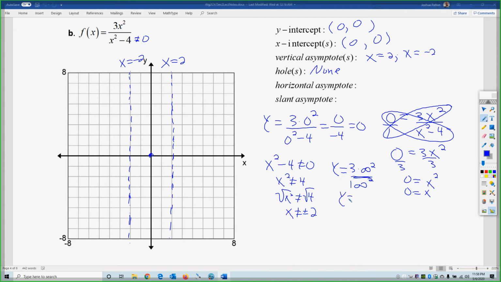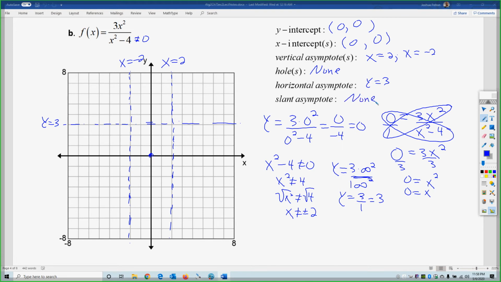The infinity squareds cancel, leave me with 3 over 1, which is essentially 3. So I get y equals 3 is my horizontal asymptote. Okay. All right, so there's a horizontal asymptote. That means there cannot be a slant asymptote.